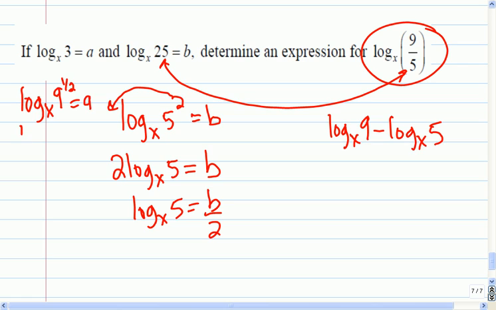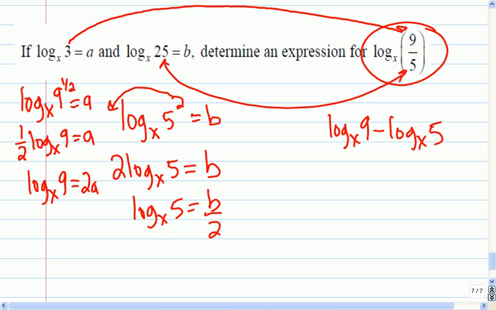So then I end up with 1/2 log x of 9. So log x of 9 equals 2a. Why is it 2? Well, to get from 3 to 9, the exponent is 2. You have to square it. Okay. So this would be 2a minus a half b.